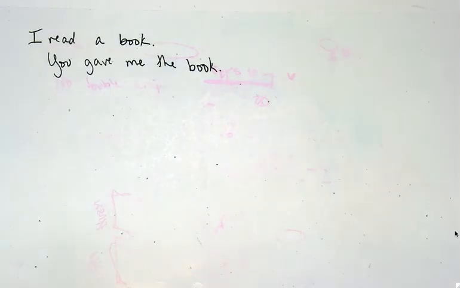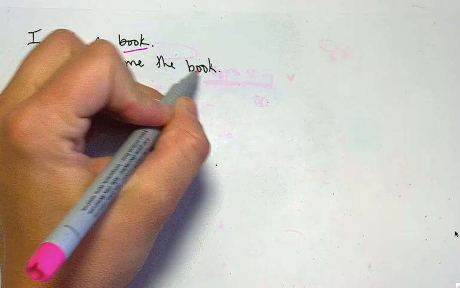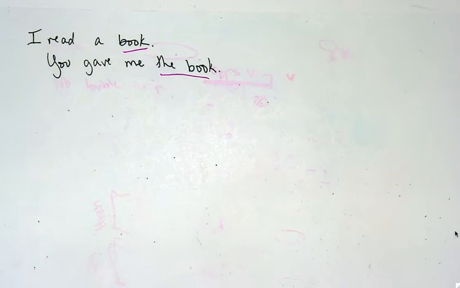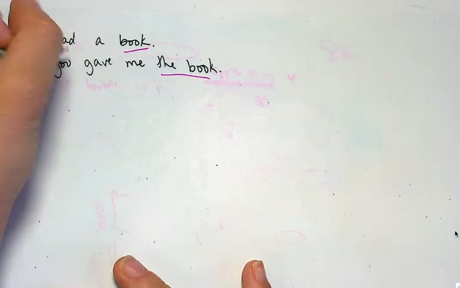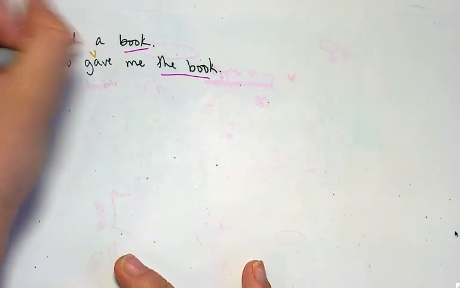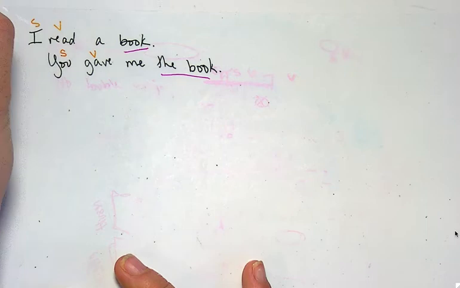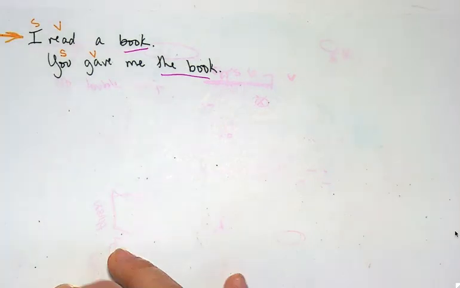In this case, we can see that we have the word book repeated twice. We can also see that we have a subject here and a verb here and a different subject here and a verb here. If I want to use this as my main clause, I read the book. Which book? Not just any book, it was a special book. It was a special book because you gave me the book.